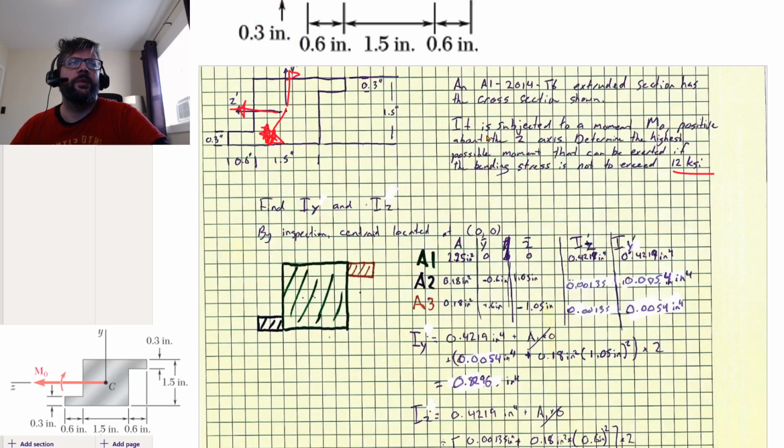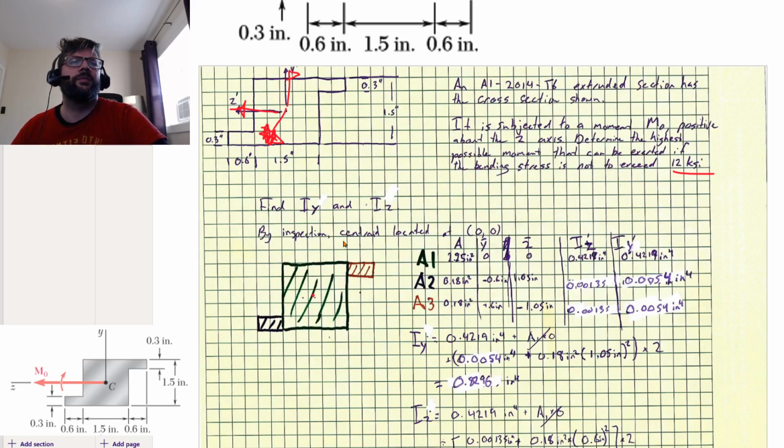Because essentially, when you're doing unsymmetric bending problems, you always want to be working using the IYs and IZs, and also the prime axes.